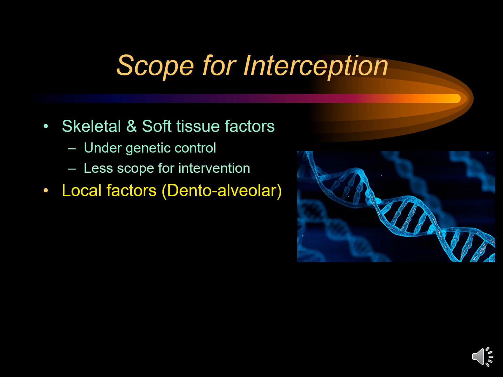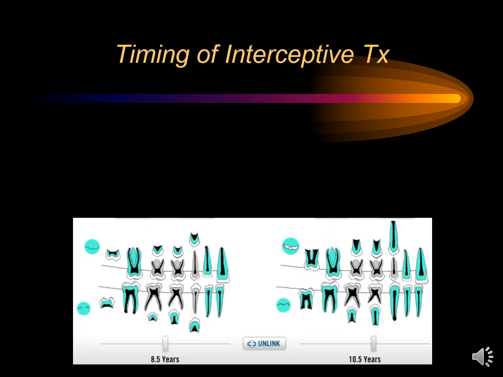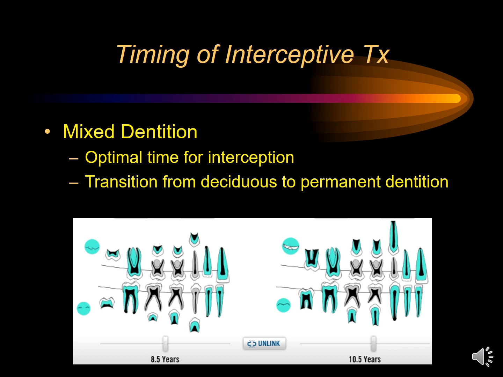Local factors, dentoalveolar or environmental, are more amenable to interception and can be modified. The timing for interceptive treatment is during the mixed dentition, the period where the dentition transitions from a deciduous to a permanent dentition.